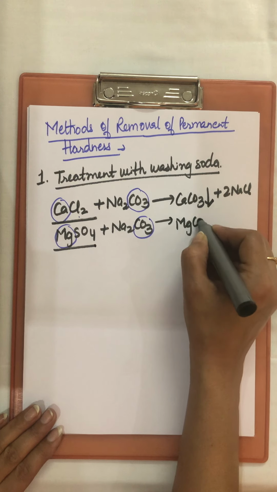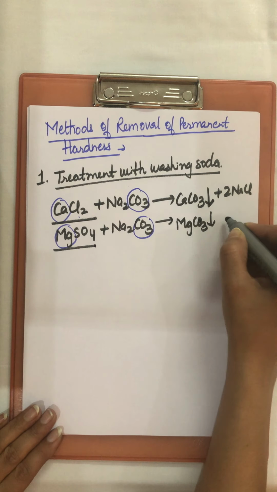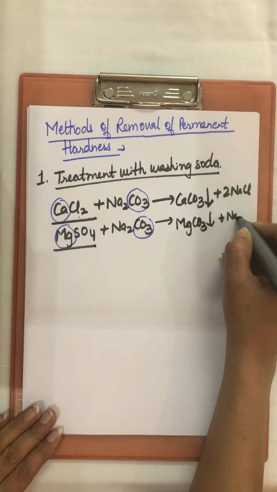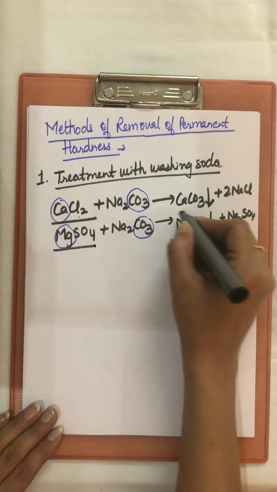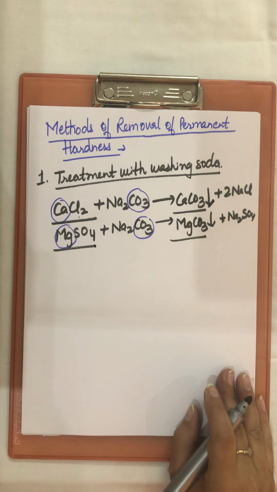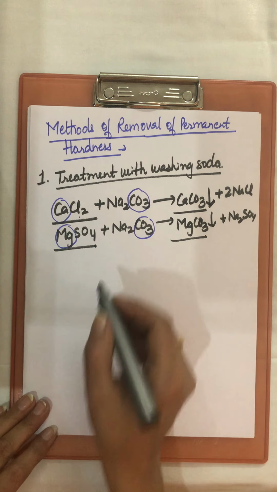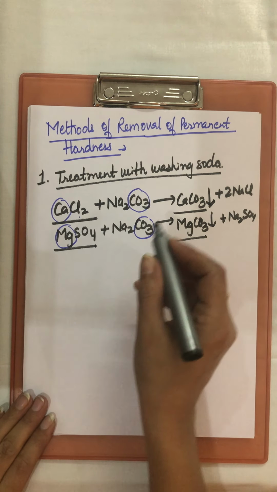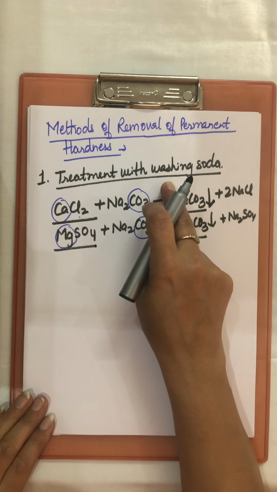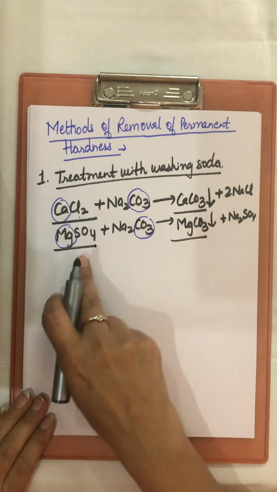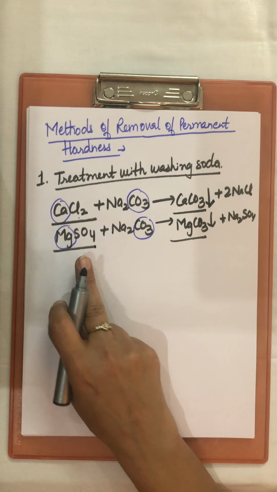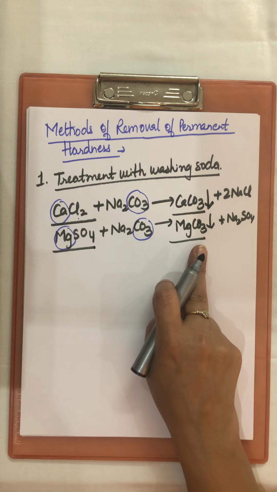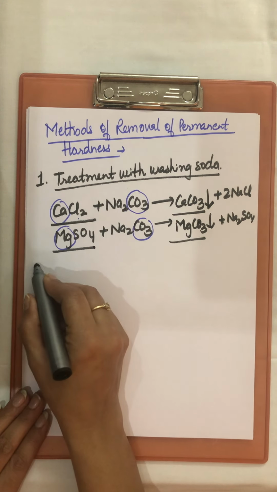Magnesium carbonate is also insoluble, plus sodium sulfate. So these will settle down and then we do the filtration to remove these salts from the water. So this is the first method to remove permanent hardness of water, that is treat the water with washing soda, and all these salts which are causing the hardness have changed to insoluble form which can be removed by filtration.